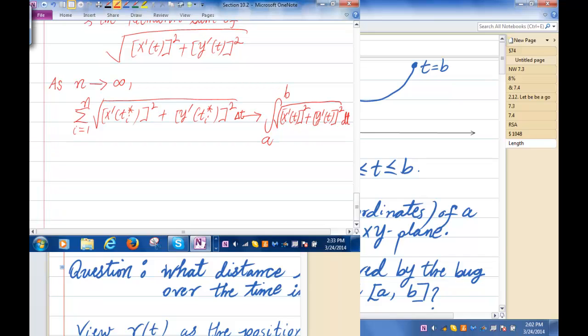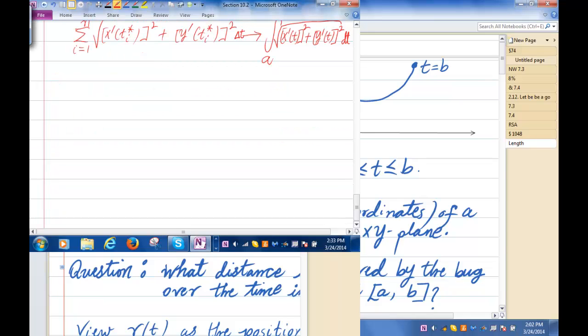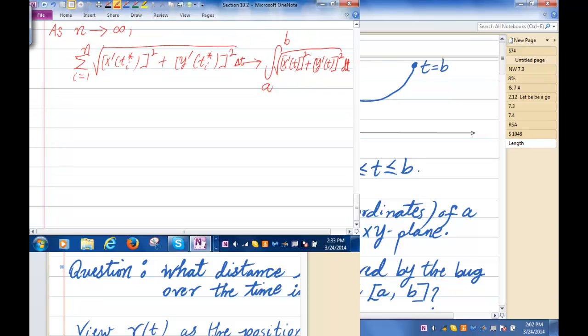And so what we have obtained is the formula for the length of a curve.